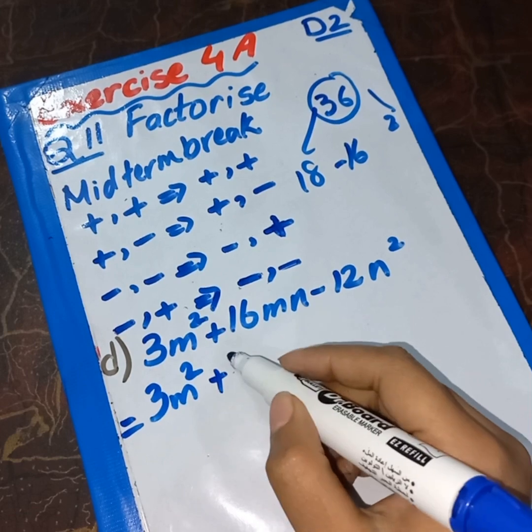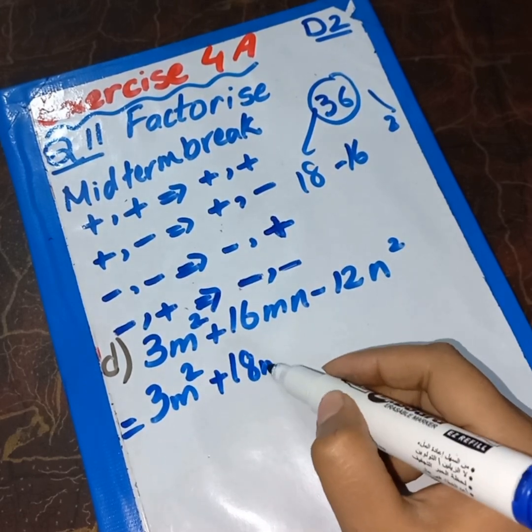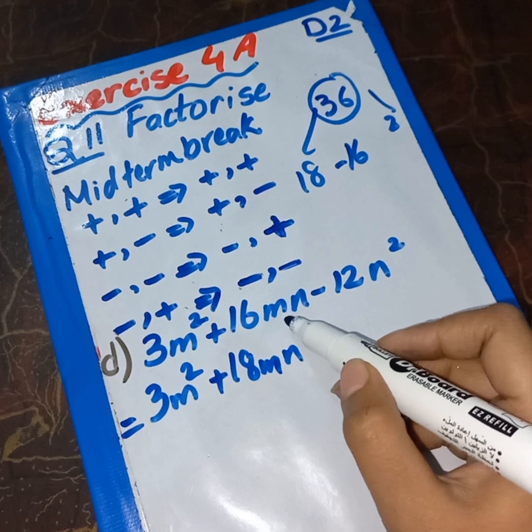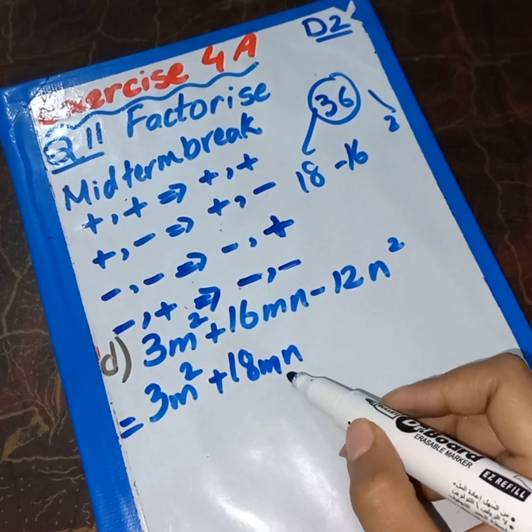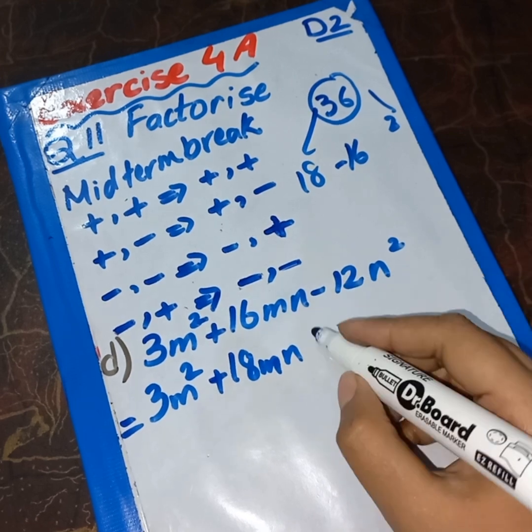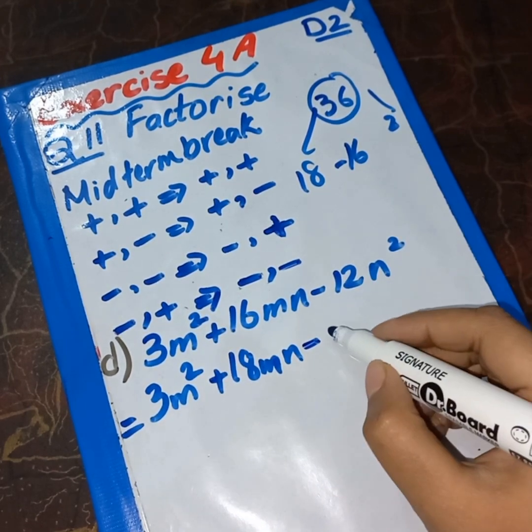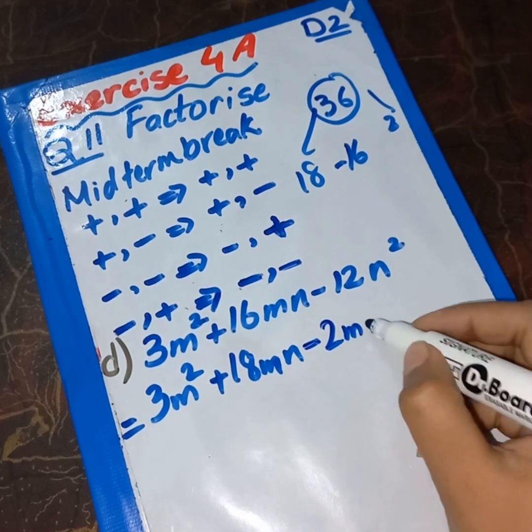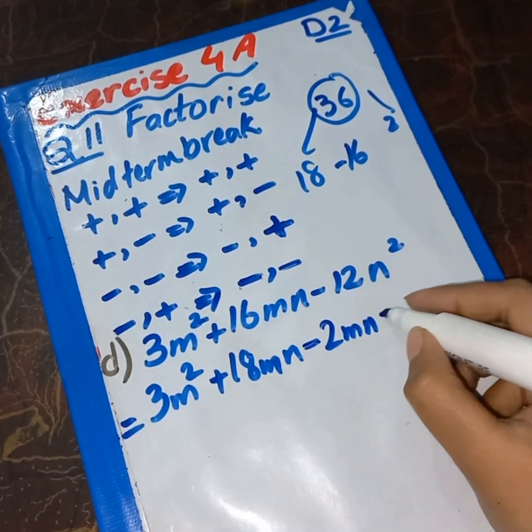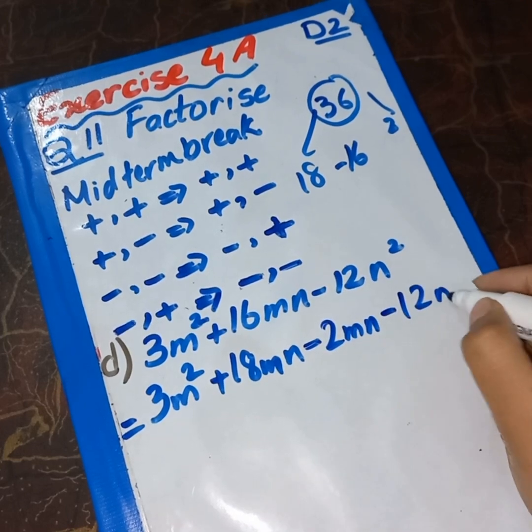So plus 18mn, the variable is very important. Whatever the variable is of the middle term, you need to use that variable with the pair which will help you to split the middle term. And minus 2mn, because 18 minus 2 will give me 16, and then minus 12n square.